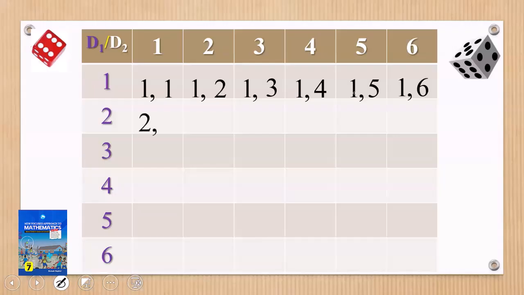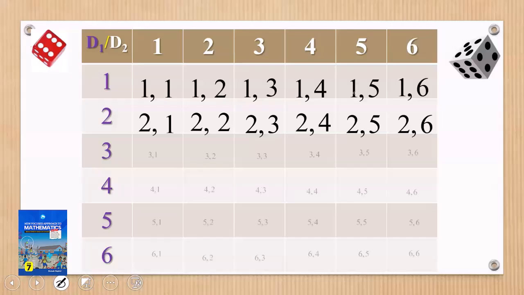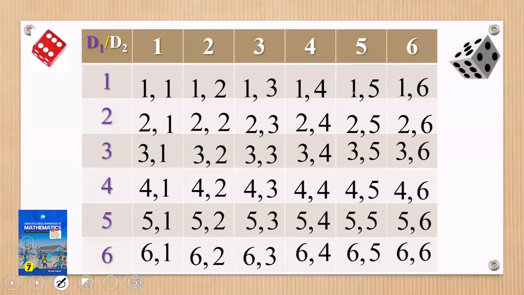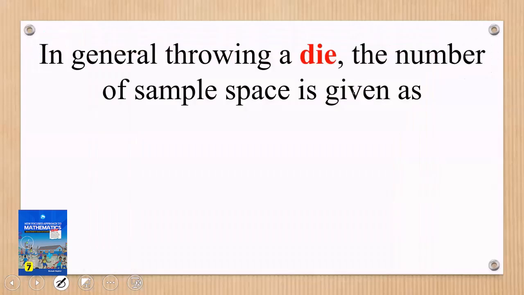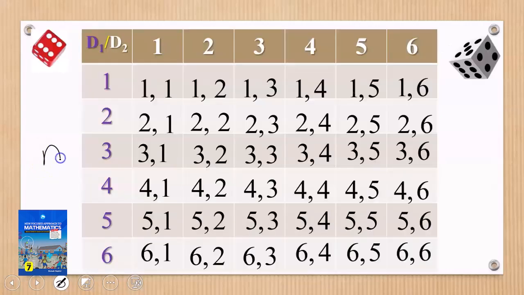Or the possible outcome can also be that first die comes as 2, second will come as 1. First will come as 2, second will come as 2. I mean in that order. So we can fill this and get all the sample space that can possibly come out. The number of sample space becomes 36, because it's going to be 6 times 6, 36. So these are the possible outcomes.